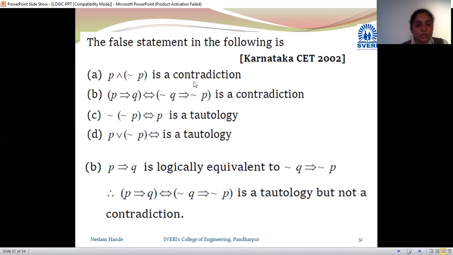We'll check all the statements, writing a table for each. I think for the first, third and fourth we get the same results, but here we will not get this. We get all true here, but it is given as contradiction. So this must be the false statement. You should go through this.